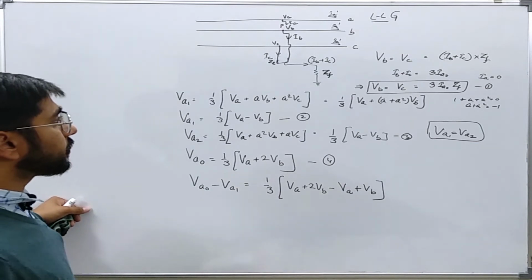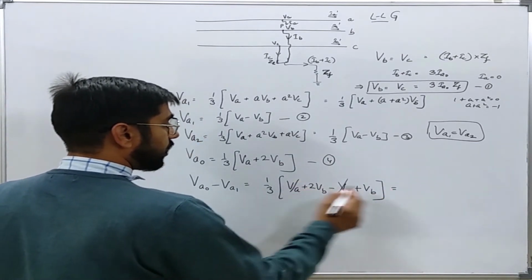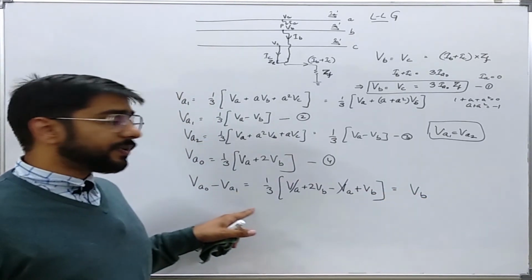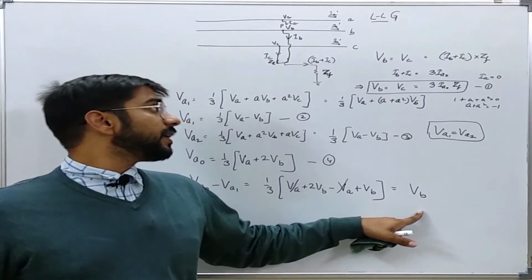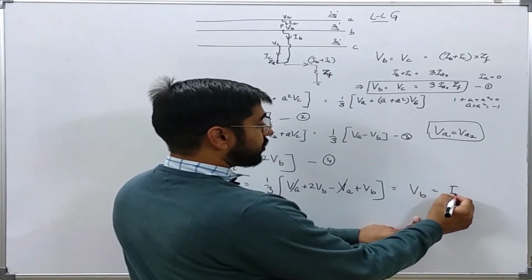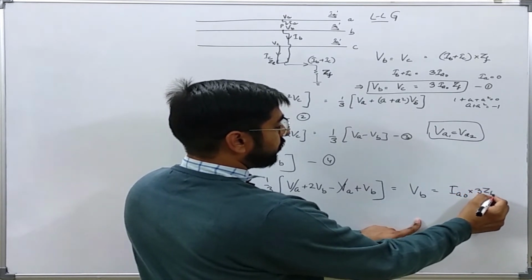Okay, so it comes out to be, this gets cancelled out, VB. So VA0 minus VA1 is equal to VB, and it is equal to IA0 into 3 times ZF.